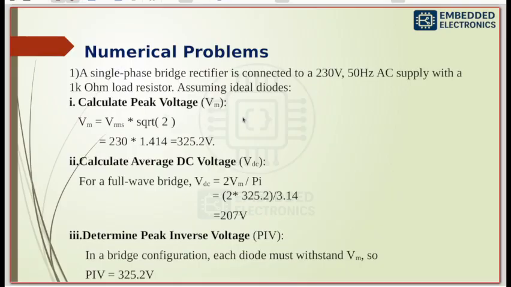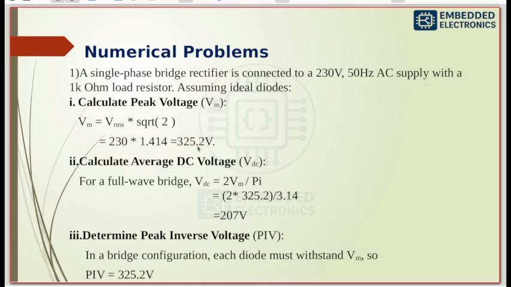Peak voltage is nothing but the amplitude or maximum voltage, right? We have the formula for maximum voltage: Vm equals Vrms into square root of 2. Vrms is given, that is 230 volt, substitute, and square root of 2 is nothing but 1.414.